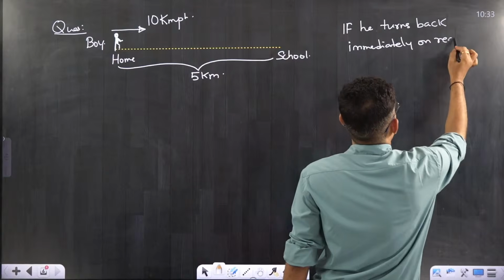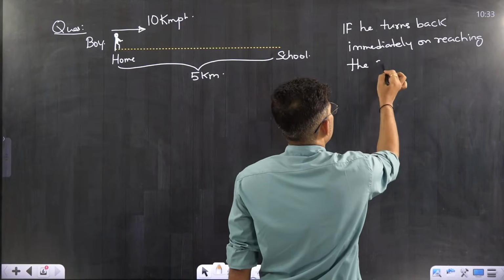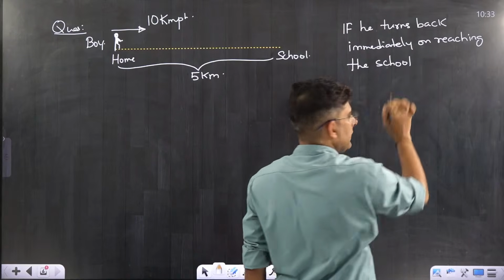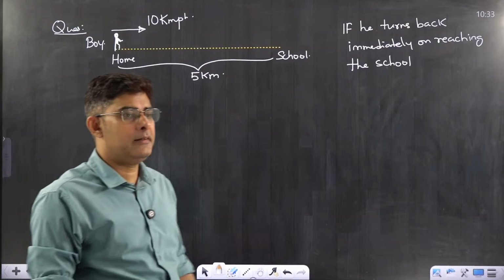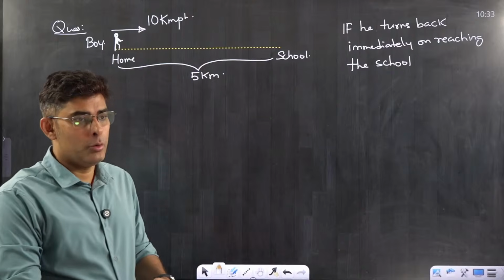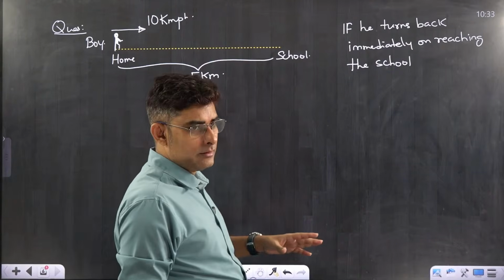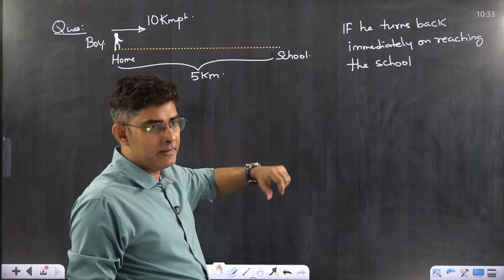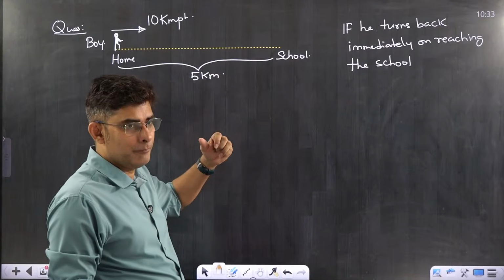on reaching the school, might be some reason, maybe he was not feeling well, or he thought that instead of attending the school, let's enjoy chatting on the mobile from home. So why go to school? Let's go back. Whatever be the reason, or maybe his parents called that come back, there is some important work to do, right?